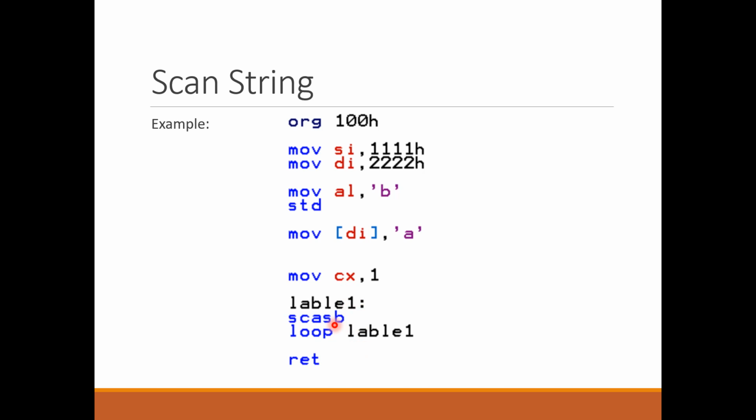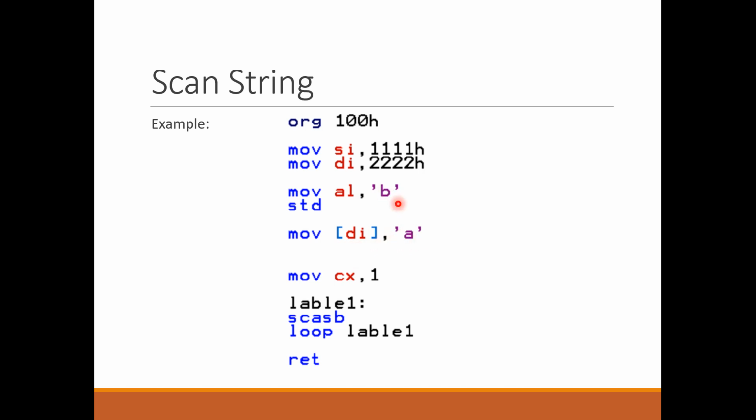So what's going to happen, it's going to compare that value with that value. It doesn't compare any value inside the memory location whose offset address is specified by the source index. It just compares the value inside the AL and the value inside that memory location whose offset is specified by the destination index.